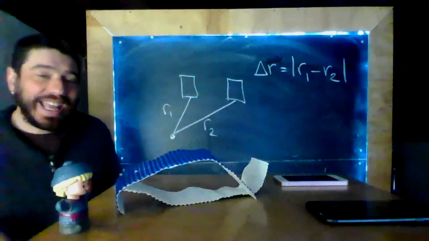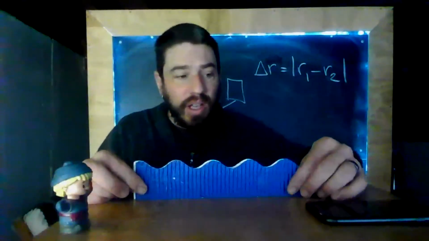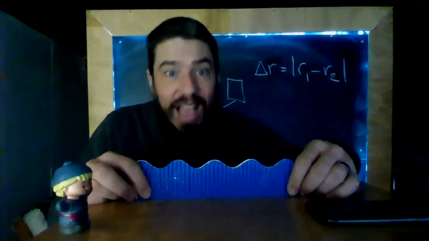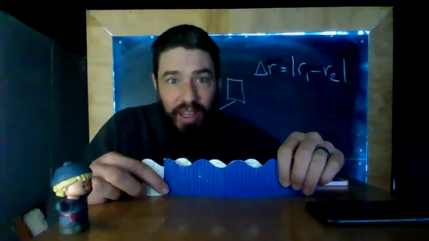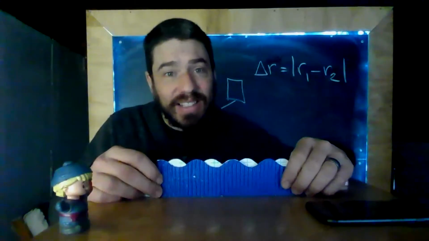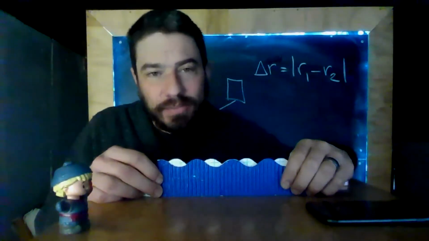Now, if that path length difference is 0, then the waves travel the same distance and they arrive in phase. However, if the path length difference is 1/2 of a wavelength, in other words, one wave travels 1/2 of a wavelength less distance than the other, then they arrive out of phase.